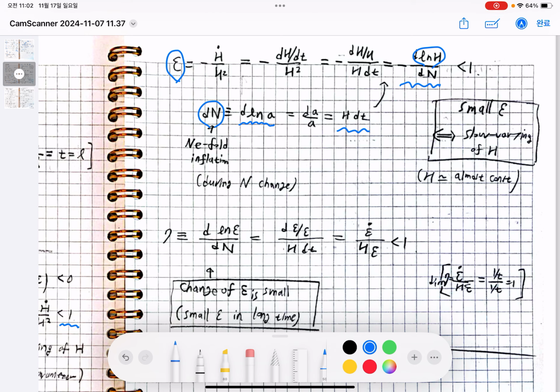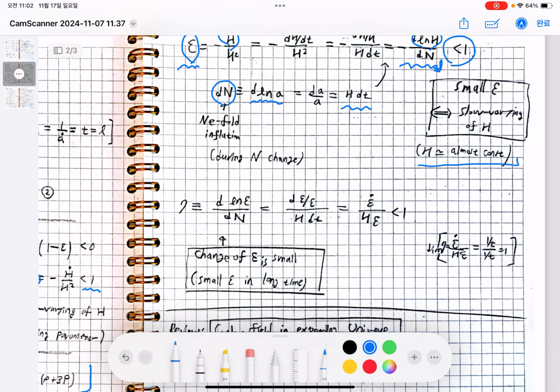So the point is the slow varying parameter epsilon, which parameterizes the changes of the Hubble parameter over some unit quantity, and epsilon should be smaller than 1. It means that the Hubble parameter is almost constant during the inflation with the slow varying behavior.